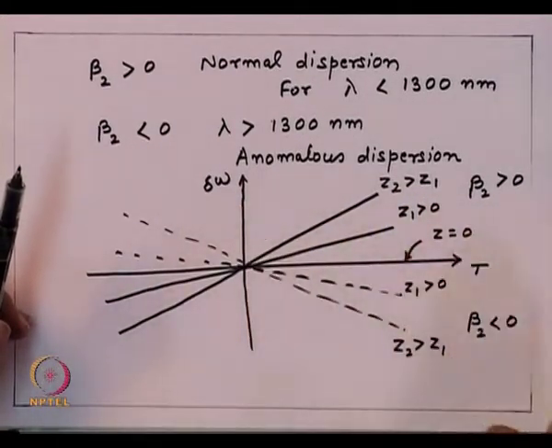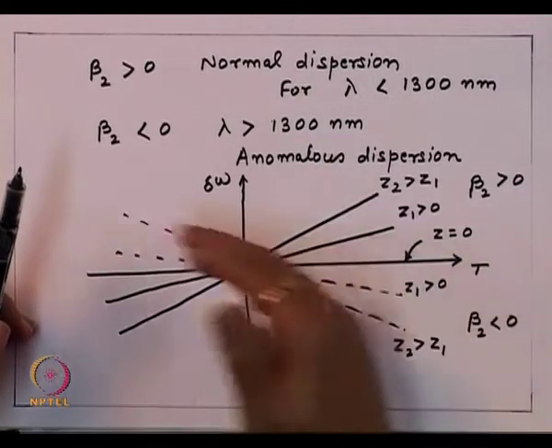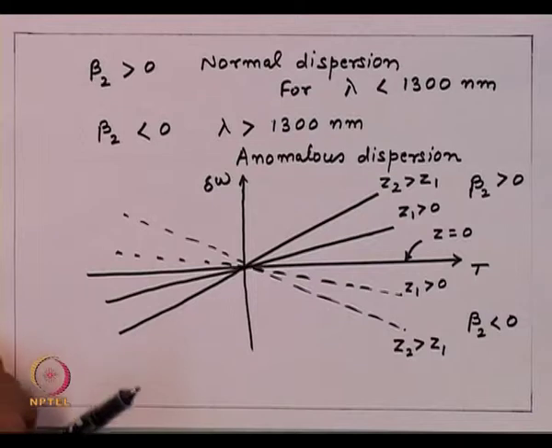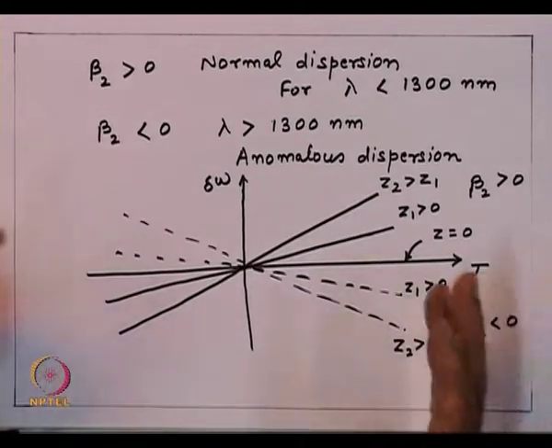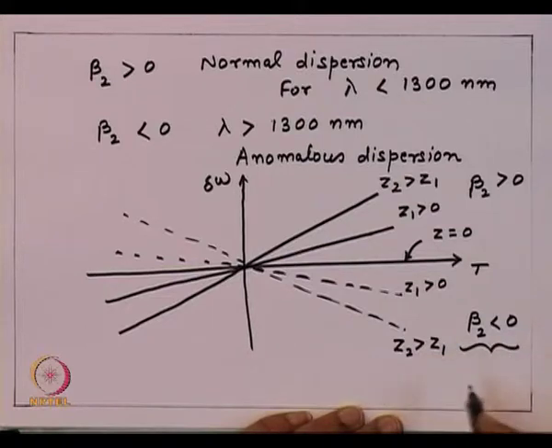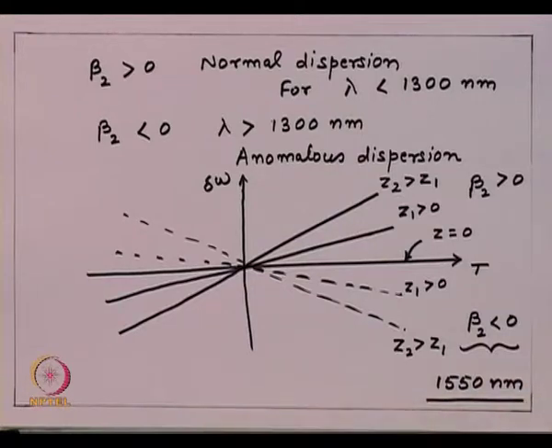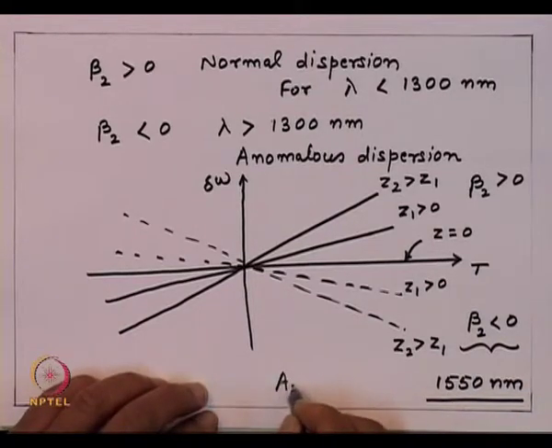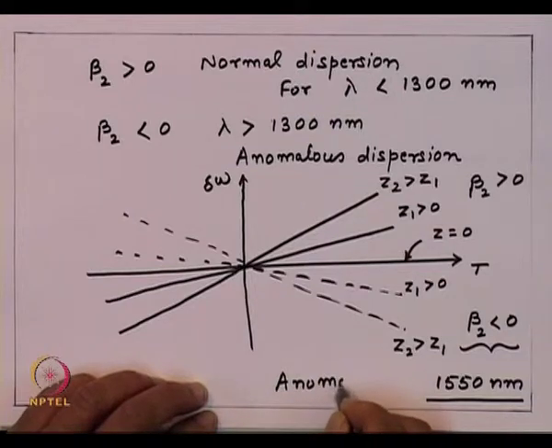If I am at a wavelength greater than 1300 nanometer, then we see the negative chirp of frequencies. So, if I am operating at 1550 nanometer, this quantity would be the one. At 1550 nanometer, we see the anomalous dispersion.